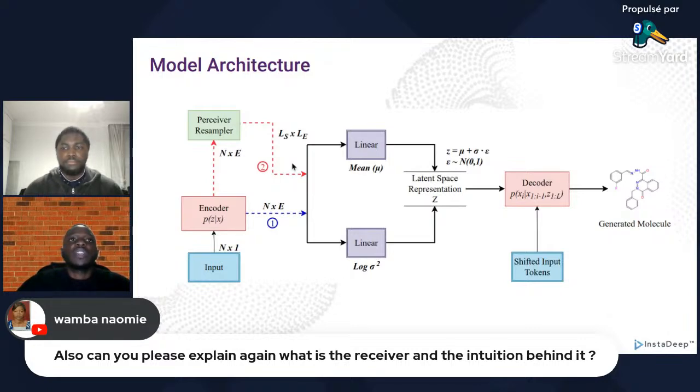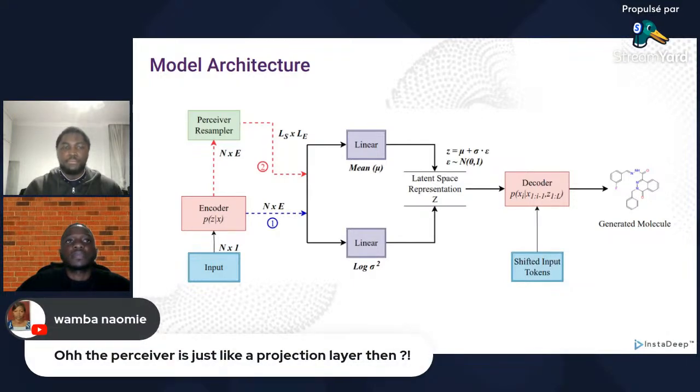That perceiver layer tries to capture just the information we need and then maps it to the dimension we want. So it's generally just a network layer used to mesh together different modalities in different networks. Yeah, it's a projection layer, exactly.